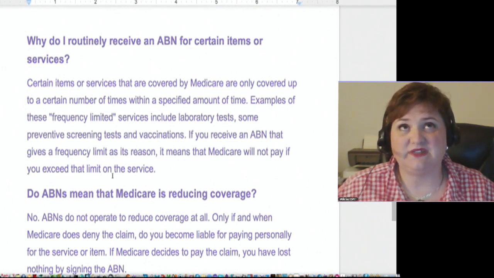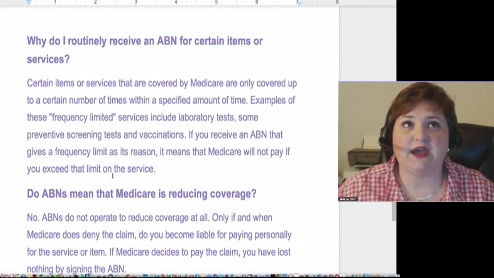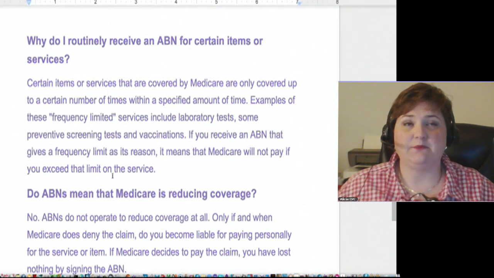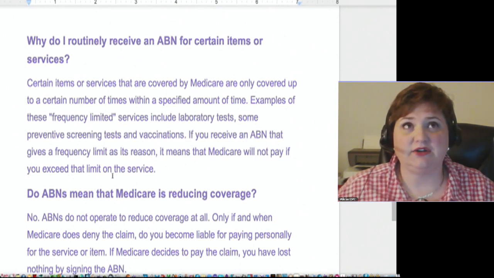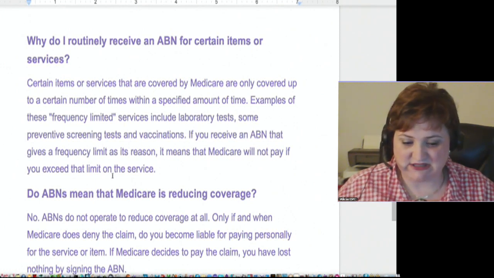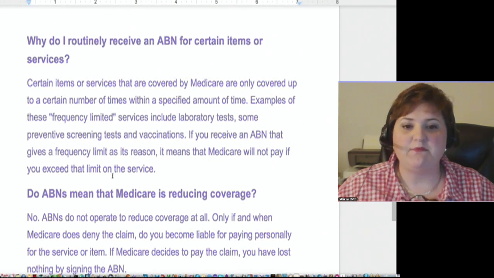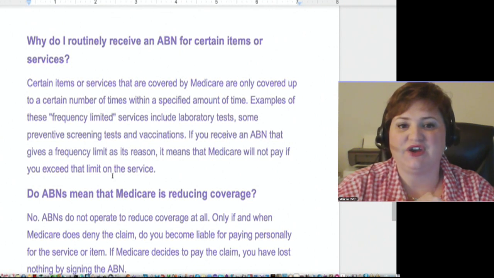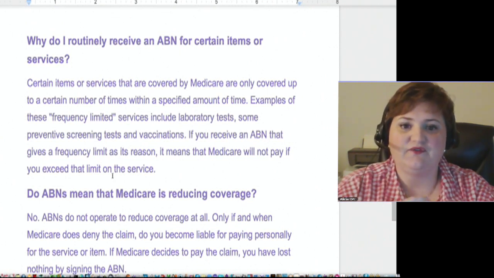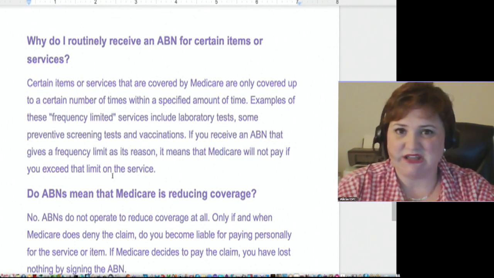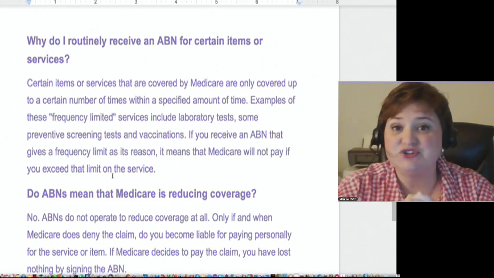An example of this, and I'm not sure if this would be one, but it might be your flu shot, pneumonia shot, and the shingles shot. Maybe it only pays for you to have a certain number of those vaccinations in a year. Maybe you can have 2, not 3.